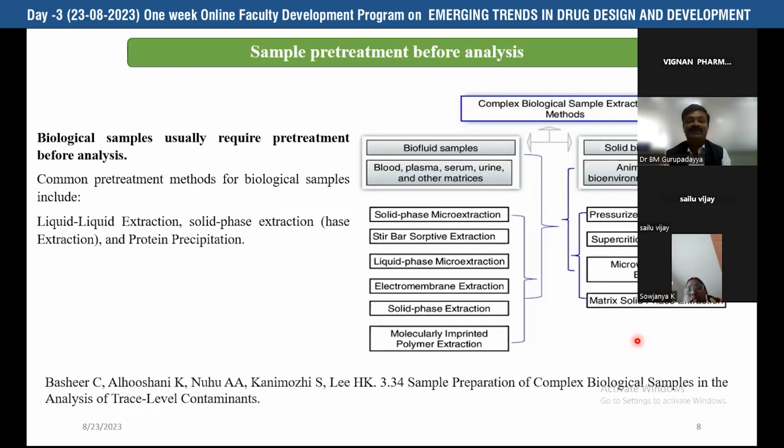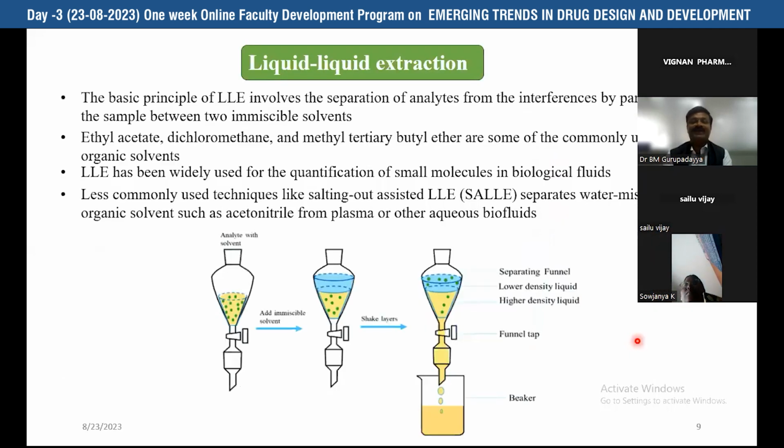By following the US FDA guidelines, we take them into consideration before proceeding to any particular validation. Okay, so here I am planning to give more information about the different types of extractions.